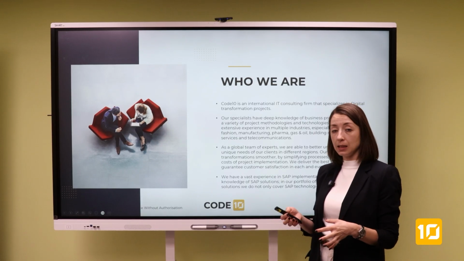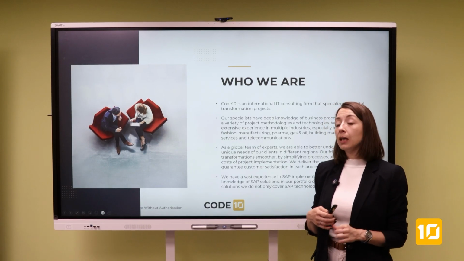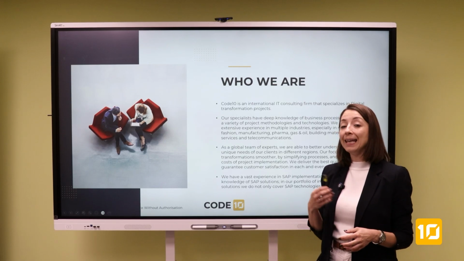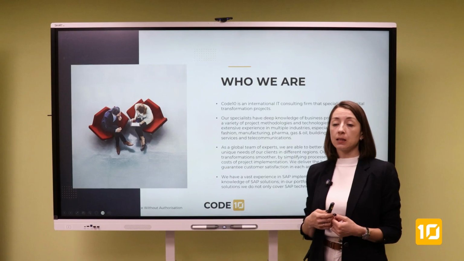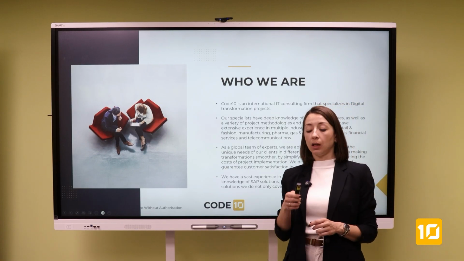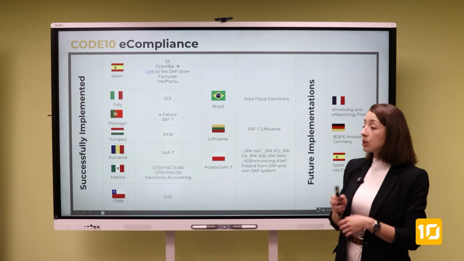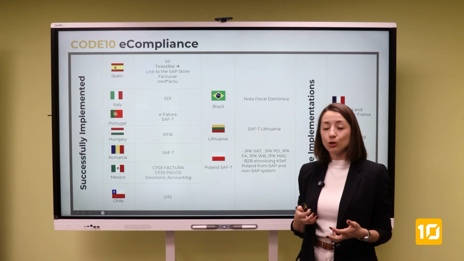We expanded outside of the SAP world in that sense. We help companies do their digital transformation in any area of the IT world. And of course, e-compliance, so electronic invoicing and tax reporting, is one of our big pillars as well. Just as a short introduction and just to say why we are relevant to talk about these things, right?